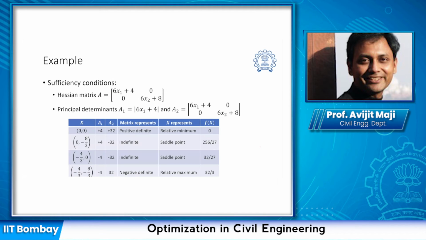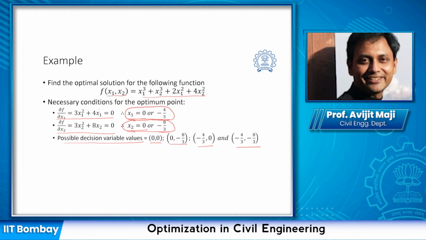For the sufficiency condition, we have to find the Hessian matrix. So for the Hessian matrix, if we do the double derivative with respect to x1, it is going to yield 6x1 plus 4.